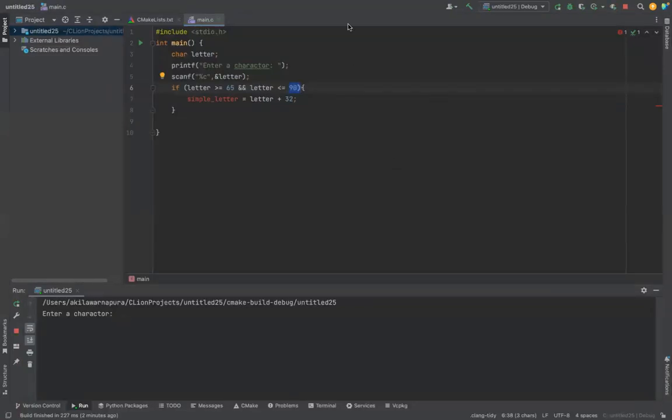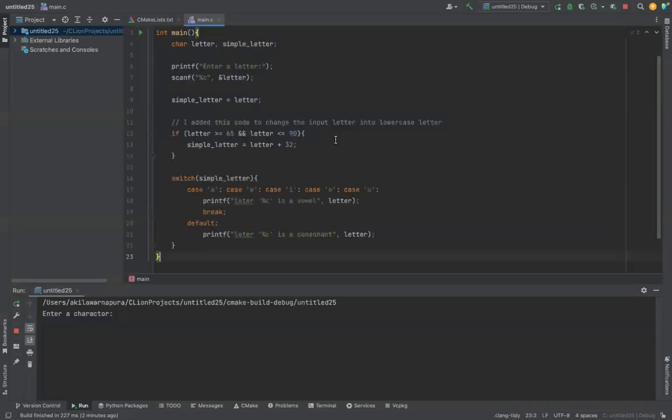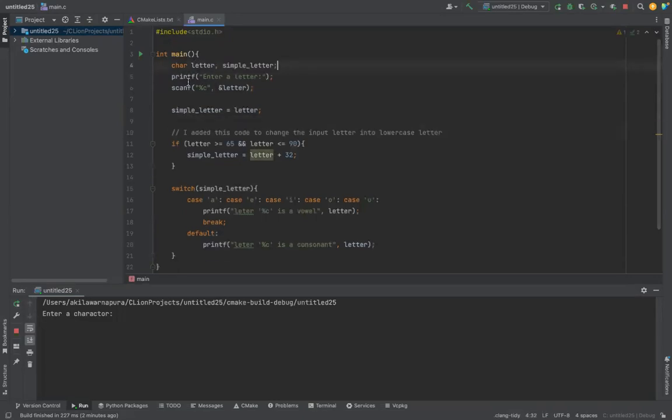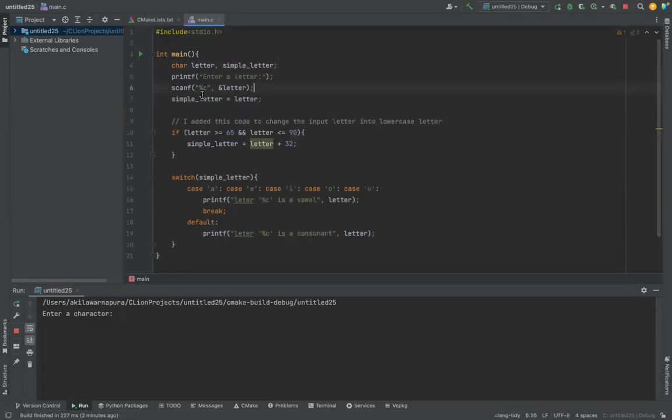Let's say you are providing the entire thing, no? Let's check your entire code. Okay, your char letter, simple letter, and enter letter, character. Simple letter is the letter. Whatever the letter value you provide goes here.